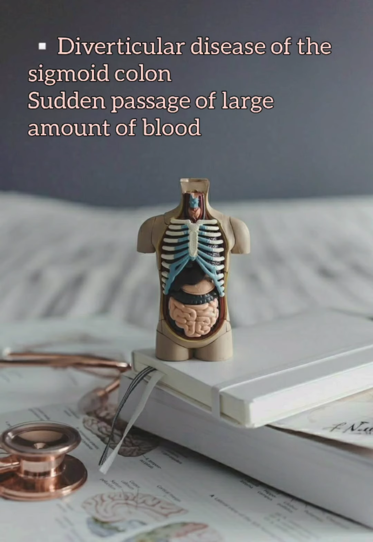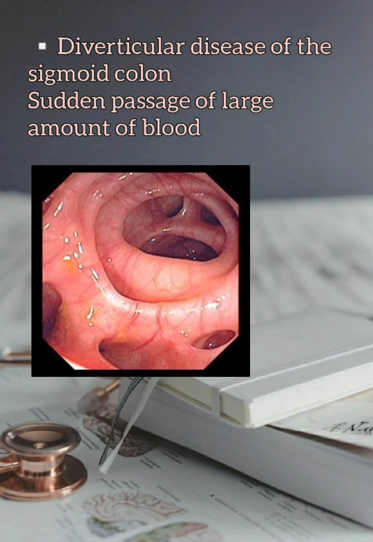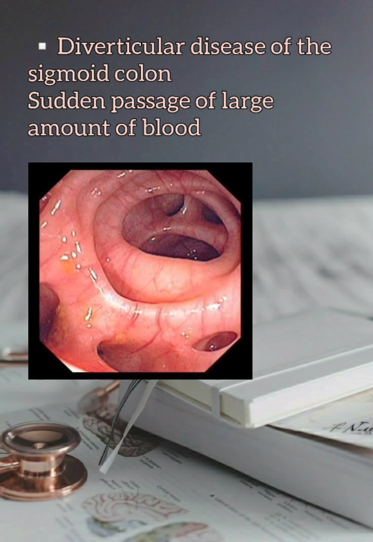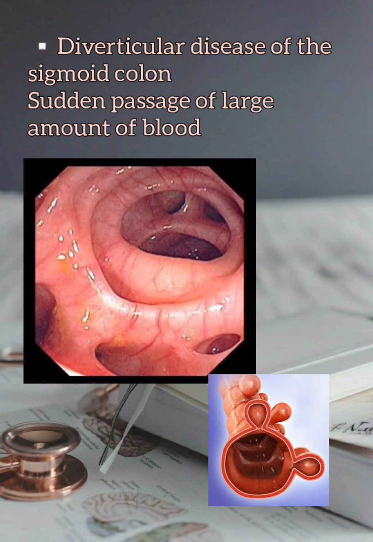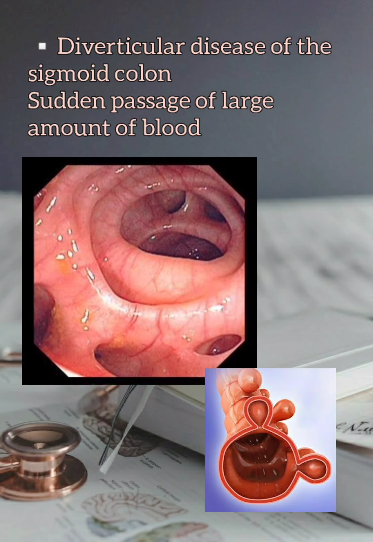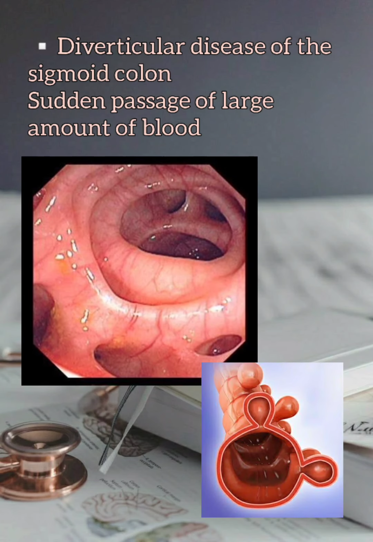Option C is diverticular disease of the sigmoid colon. The characteristic bleeding associated with diverticular disease is the sudden passage of a large amount of blood, and it does not necessarily have to be accompanied by fecal material. So this also is ruled out.